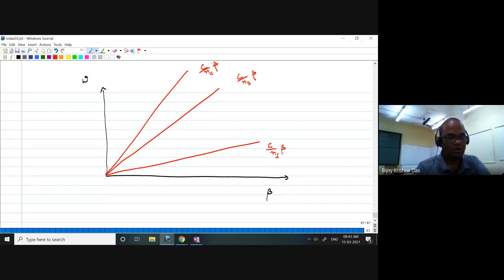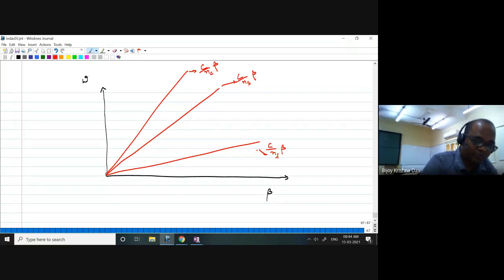Then I use the TE mode with m equal to 0 for a given d value, and I plot omega. I am varying omega and calculating beta. How will I calculate beta?